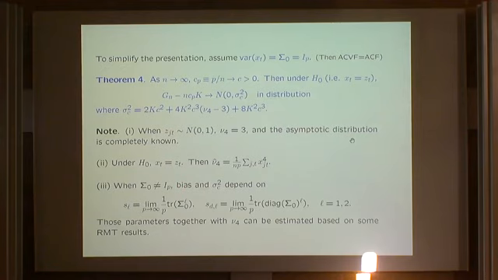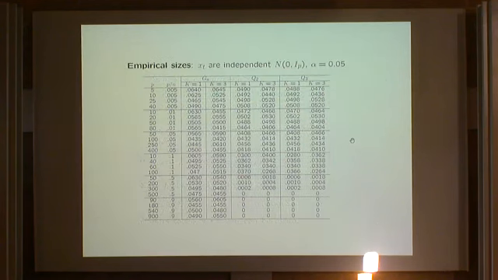This mean value and this variance involve those quantities. It is much harder to estimate them, but there is a way out using some random matrix theory to get consistent estimates for these quantities. This is what we presented in the paper.